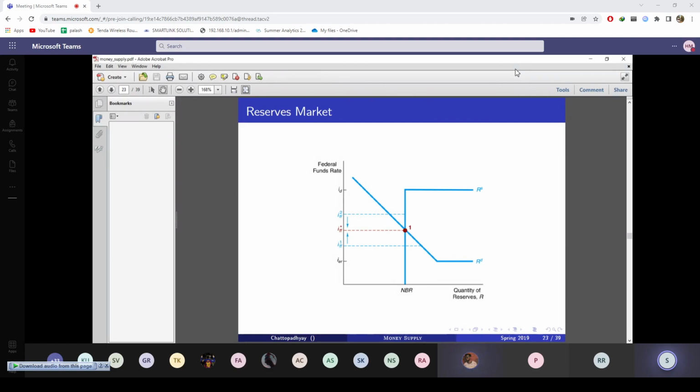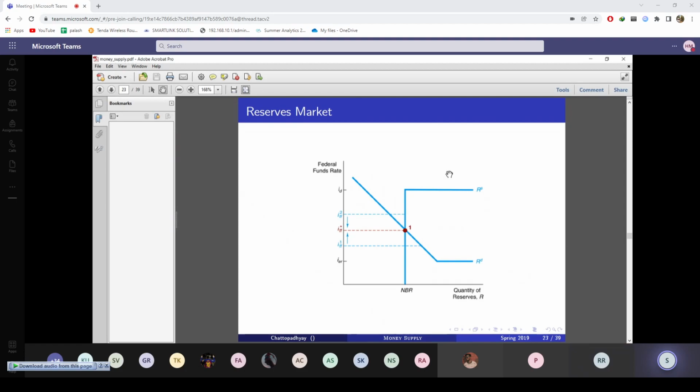Okay. There's an IER over here on the y-axis at the floor, and there's an ID over here. That is my discount rate or repo rate. This is the rate at which a commercial bank can borrow funds from the central bank. Why do they need that?